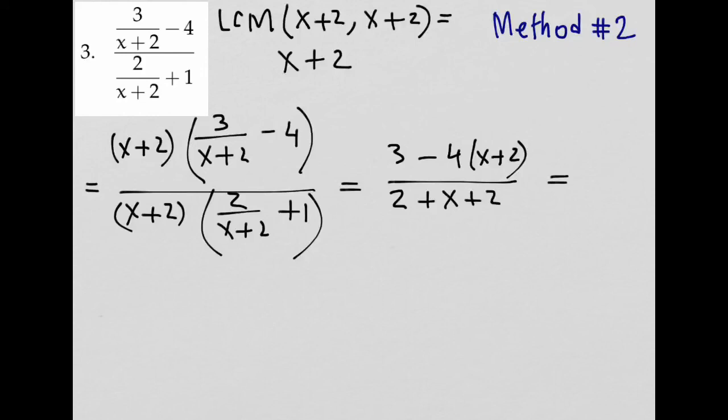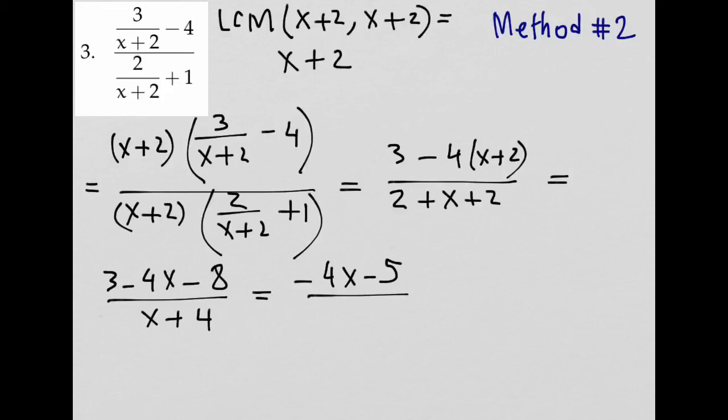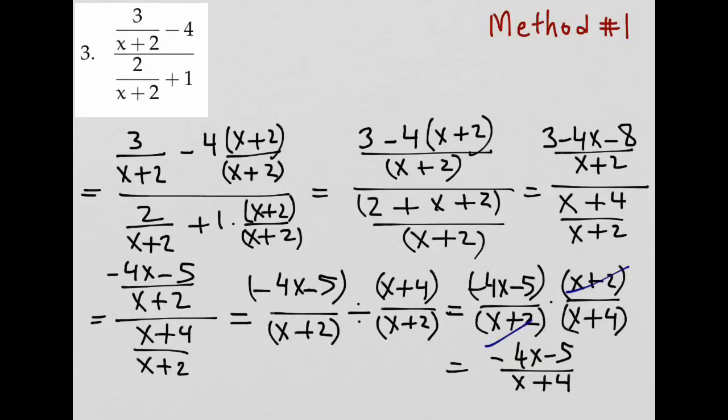That's equal to 3 minus 4x minus 8 divided by x plus 4, which is equal to minus 4x minus 5 divided by x plus 4, and that's our final answer. Again, notice it gives the same answer as using method 1.